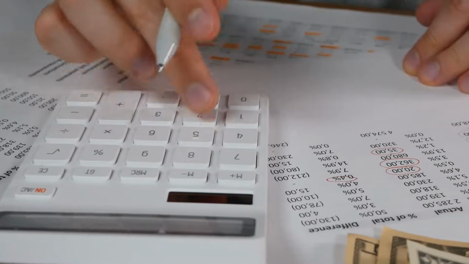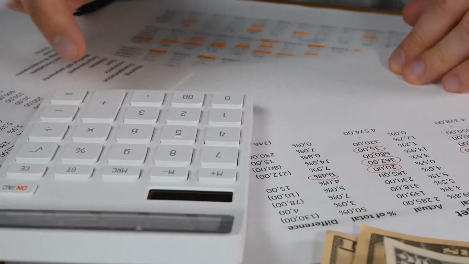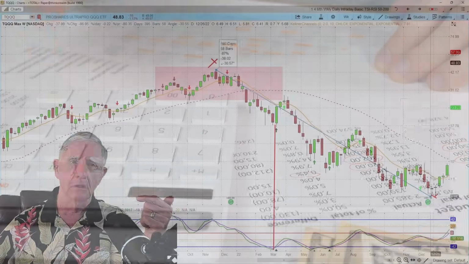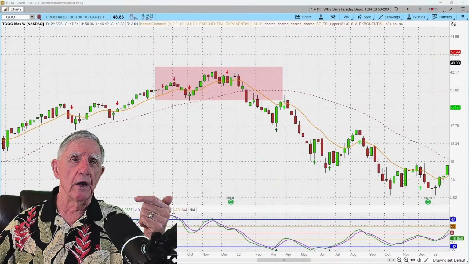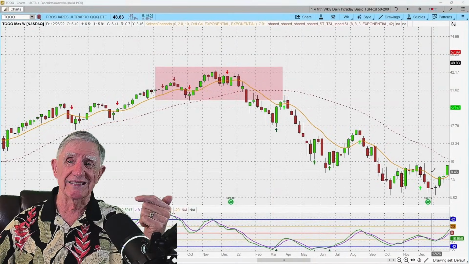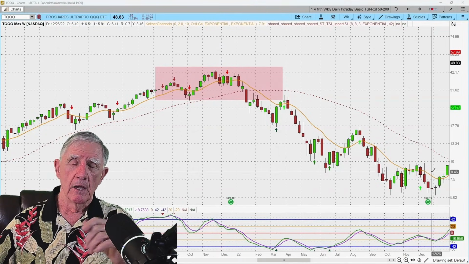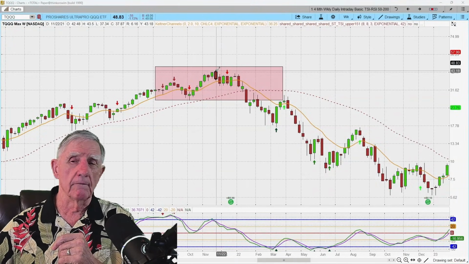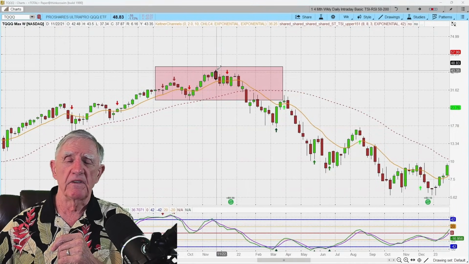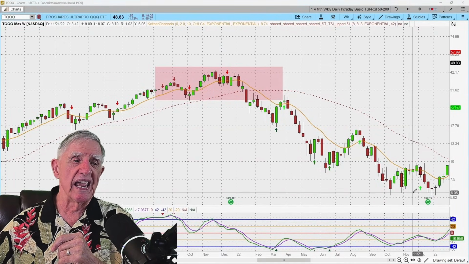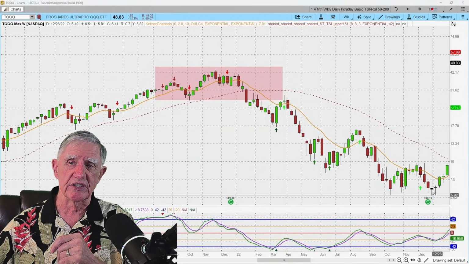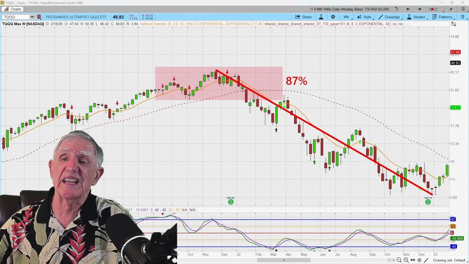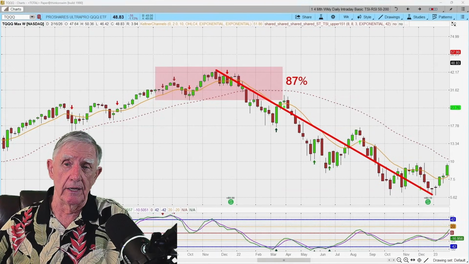But the more astounding thing is how much it cost you. If you rode that all the way to the bottom, that's one heck of a drop. It dropped all the way from $43.50 up here down to $8.81 down here. That fall was 87%.